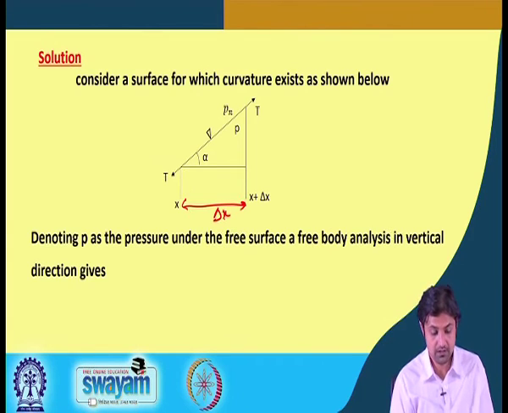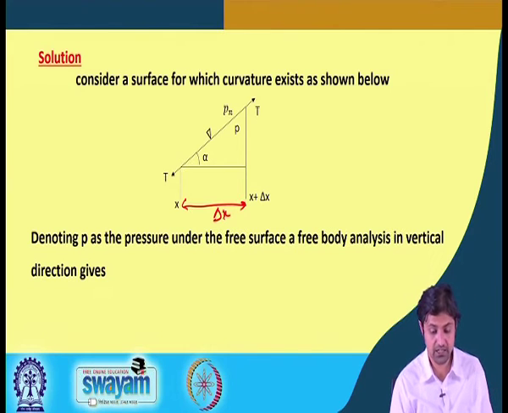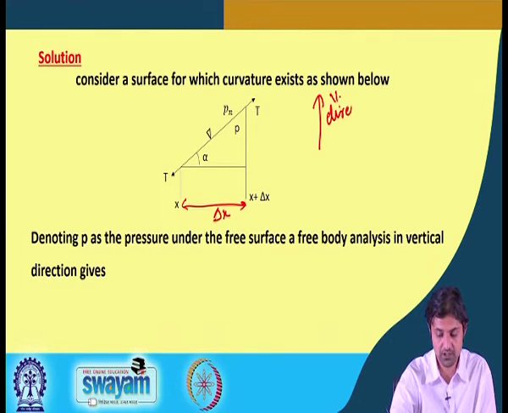All right. So, if we denote P as the pressure under the free surface, we have to do a free body analysis in the vertical direction. So, this is the vertical direction.